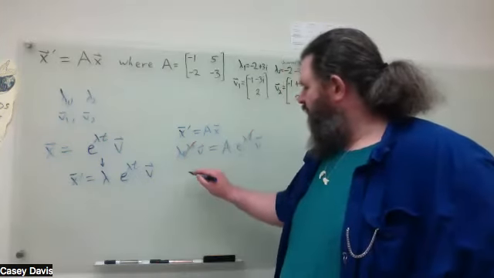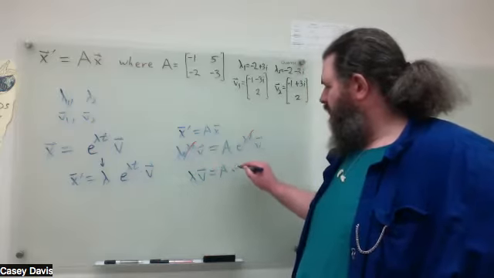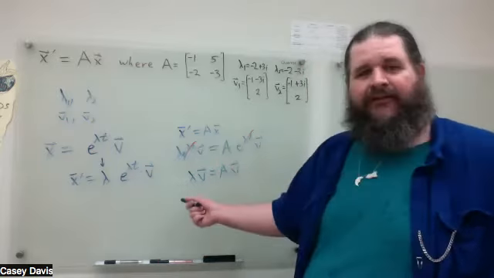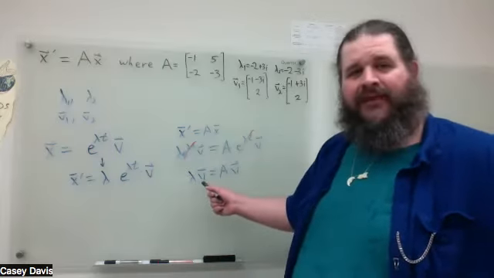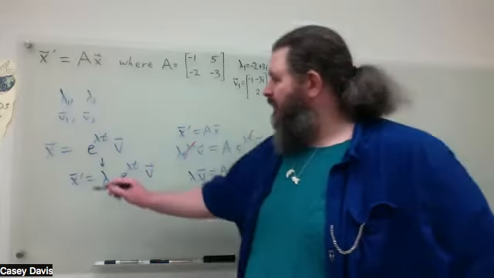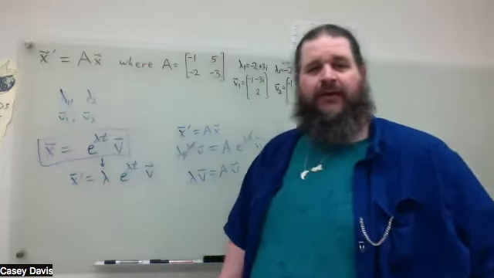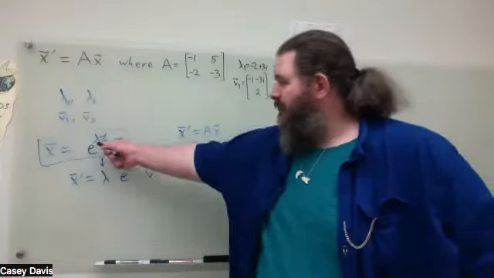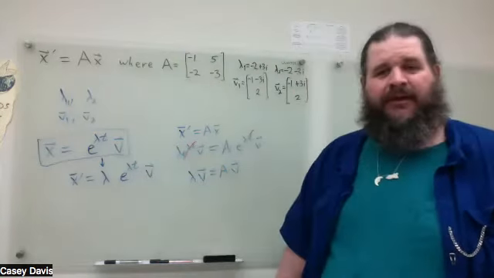And we're left with lambda v equals Av. And this is literally just the definition of eigenvectors and eigenvalues. We've got a matrix times a vector equals a scalar times the same vector. That tells us this function works as a solution, e to the lambda t times a vector, if and only if lambda is an eigenvalue of the matrix and v is the associated eigenvector of the matrix.